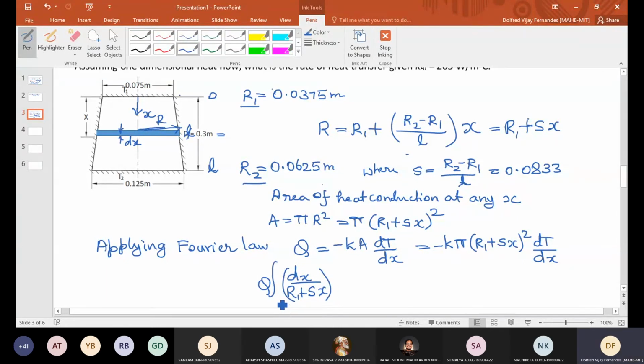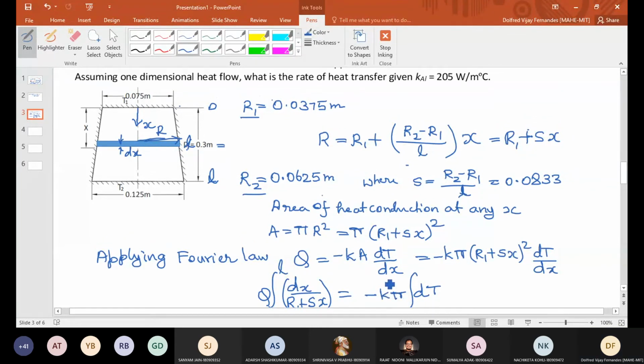This has to be integrated from 0 to L. And on the other side, we have minus K into pi dT, and this has to be integrated from temperature limits, that is T1 to T2.